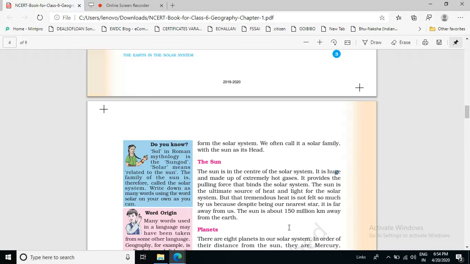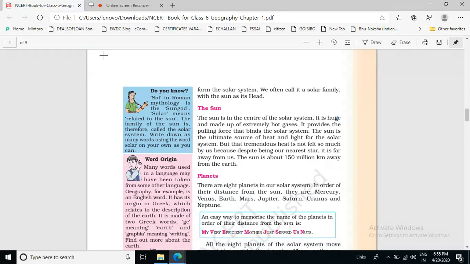The head of the family binds all the members of the family at one place. And in a similar way, the solar system, which is a family of the sun, all the members of this family are bound together because of the pulling force of the sun.